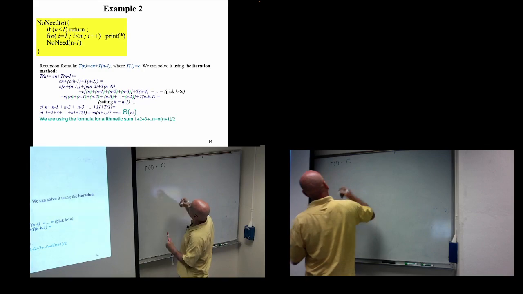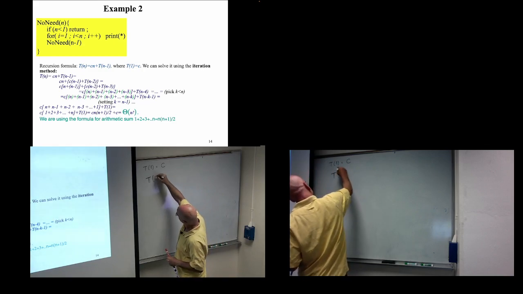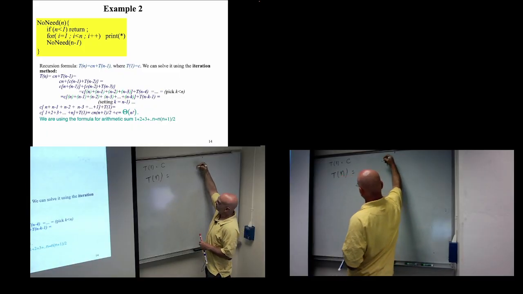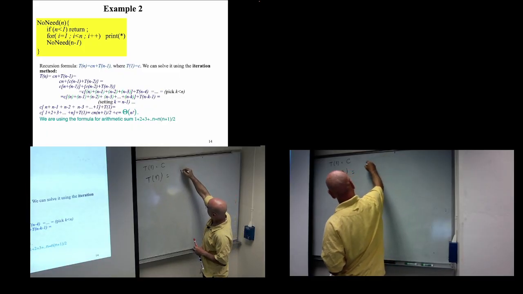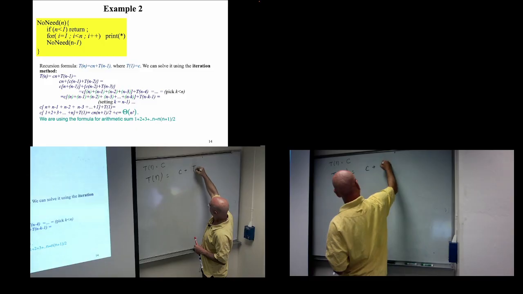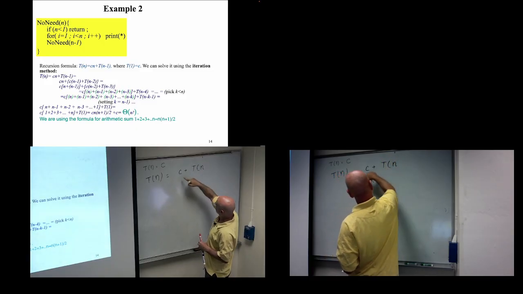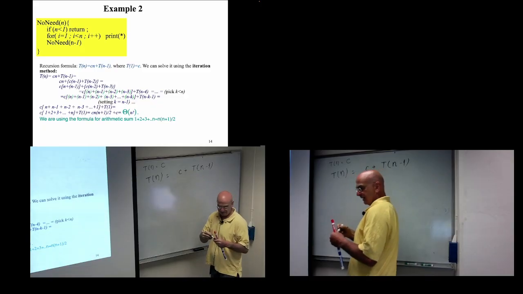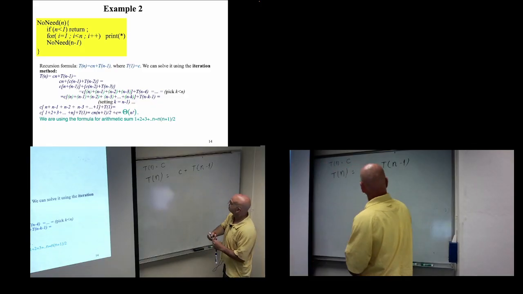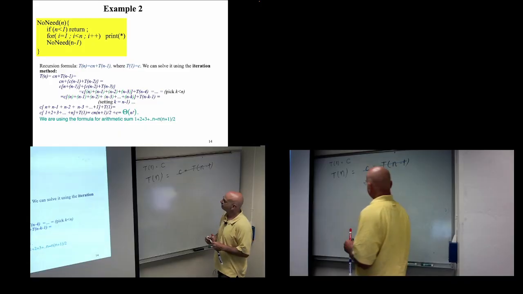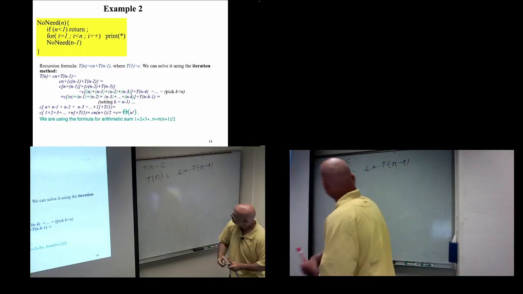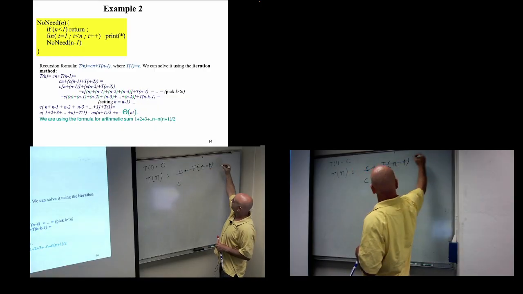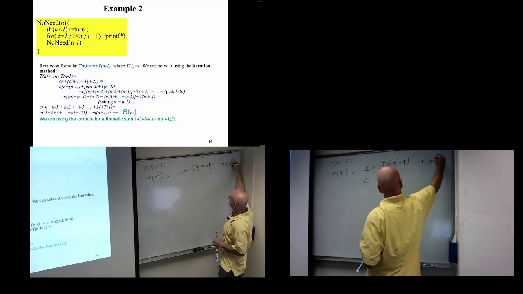Now, T of n was earlier, what we saw in the previous example, T of 1 is C plus T of n minus 1. That was in the previous example. Now I'm still using T of n for any n larger than 1.